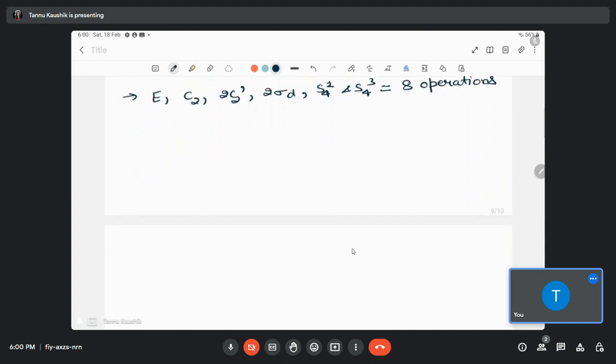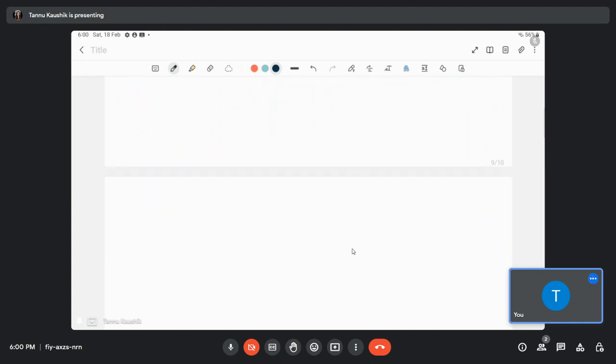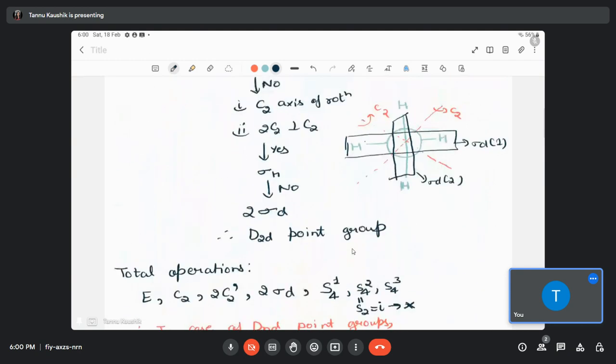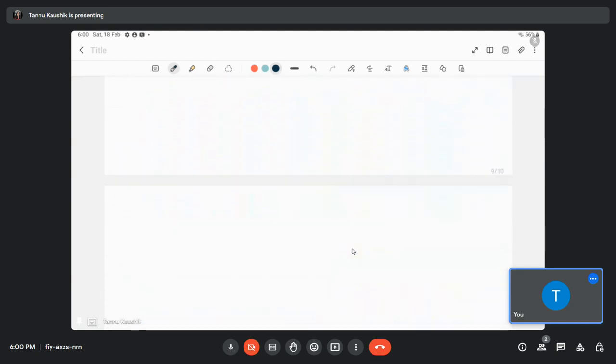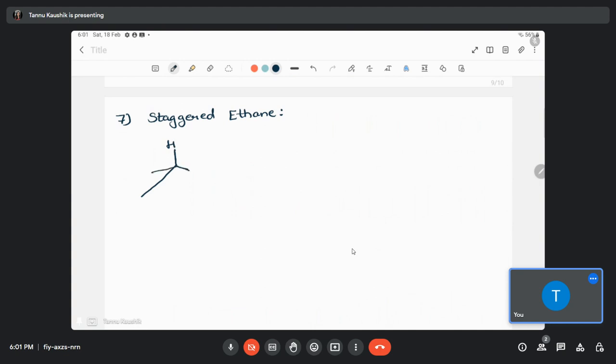Okay. So the next example is staggered ethane. So how do you draw it in Sawhorse projection? This.